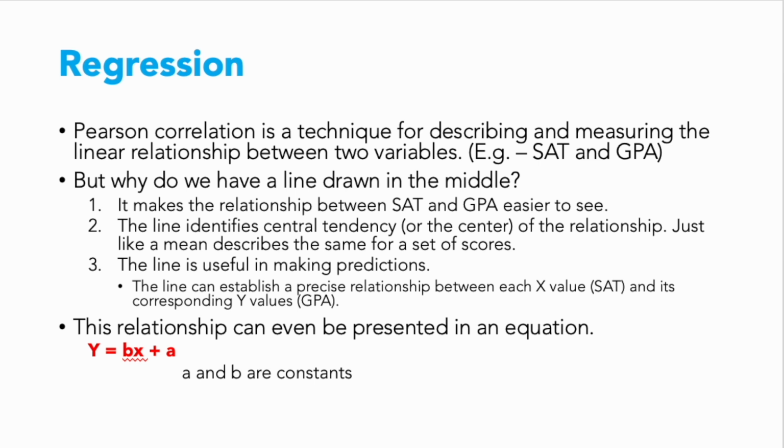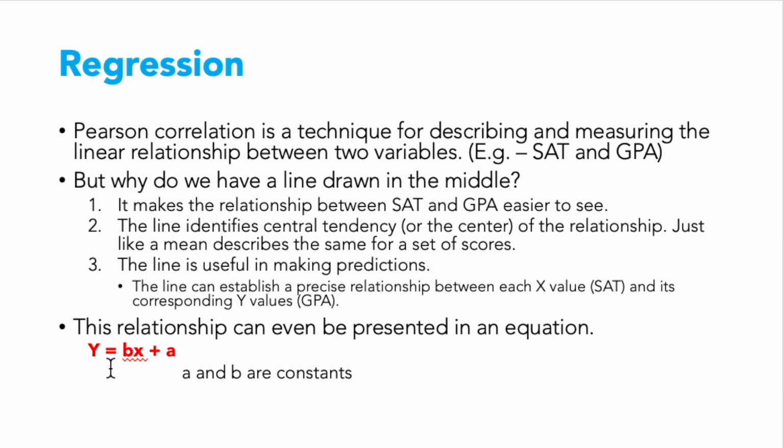Usually if the slope takes the shape of a diagonal, the points tend to fall closer to the line, indicating a stronger correlation. At the same time, like I mentioned, this line identifies the central tendency of the relationship. So how far away the points fall in relation to this best fit line matters. Ideally, if the correlation is good, the points should fall closer to the line. So that's the basic idea here.